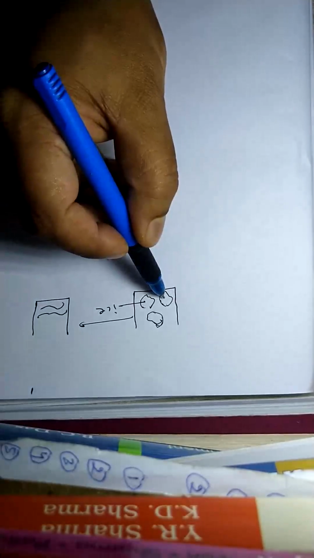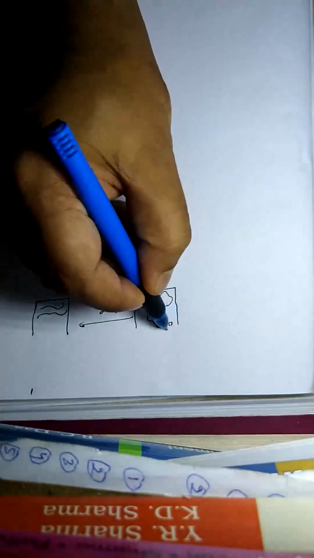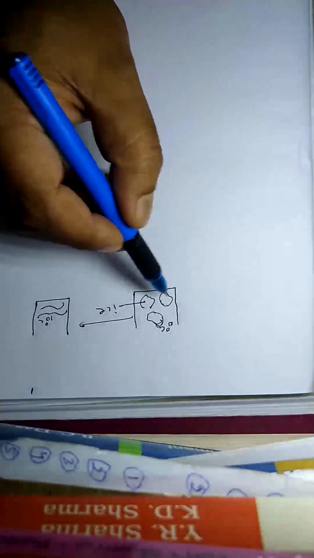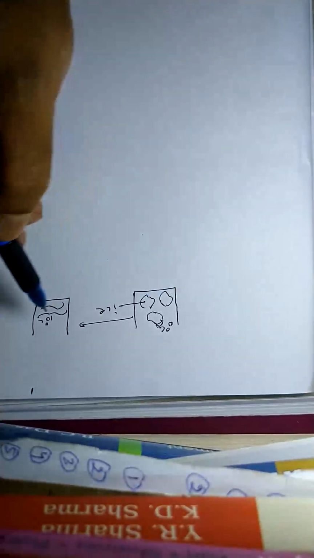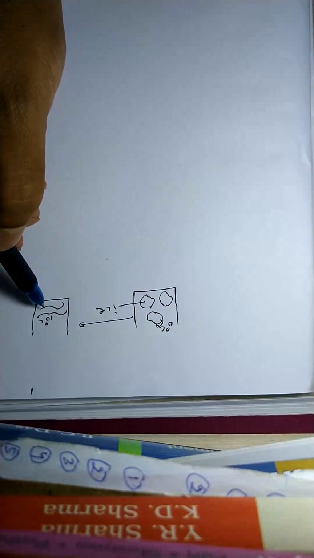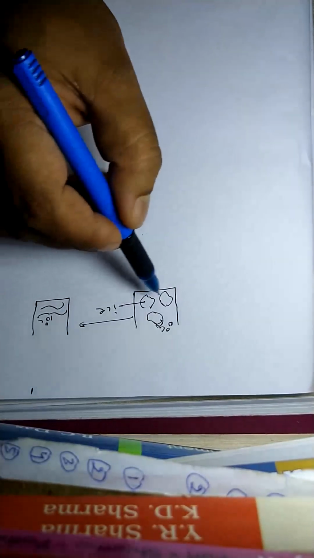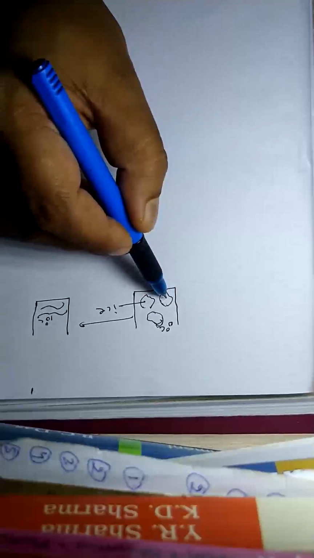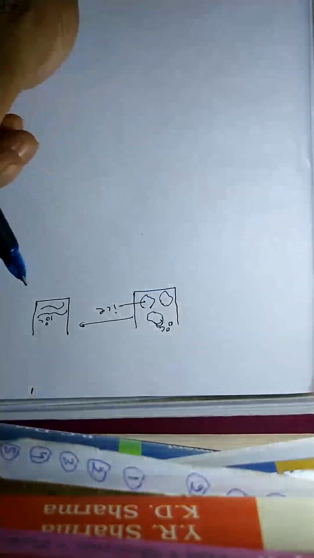As a result, the temperature, which is at 0 degree centigrade, becomes 10 degree centigrade. That means temperature increases. It absorbs energy from the surroundings and ice is converted into water. So there is an interaction between the energy and the material system.